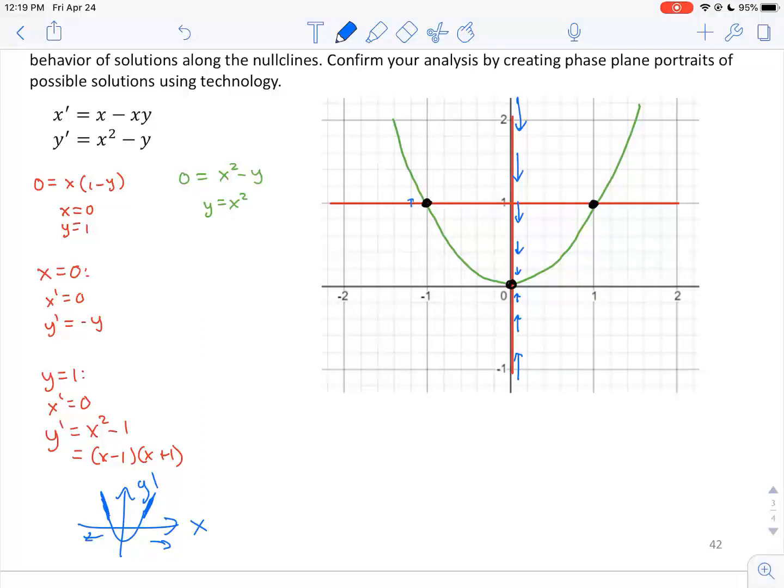So positive, but not much if you're close, and then more and more positive as you go further away. Now in between, we see that y prime is negative, but not much negative, and then more and more negative, and then the most negative right here in the middle, and then less and less negative again as we get towards that one.